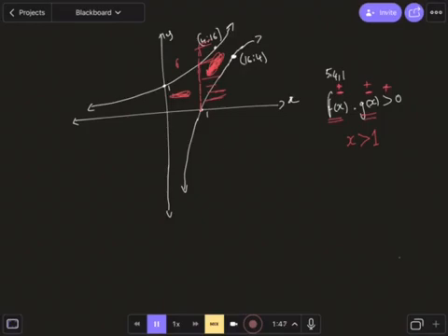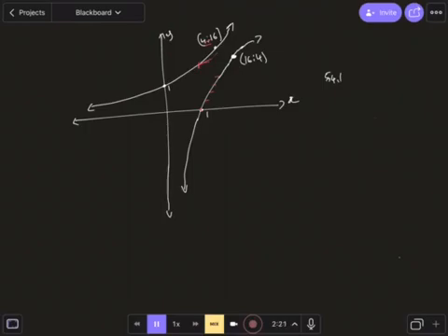5.4.1. Okay, so let's quickly do question 5.4.2. Okay, let me quickly erase this.